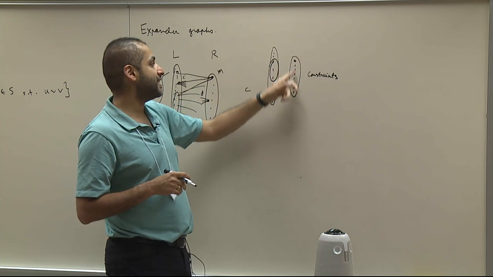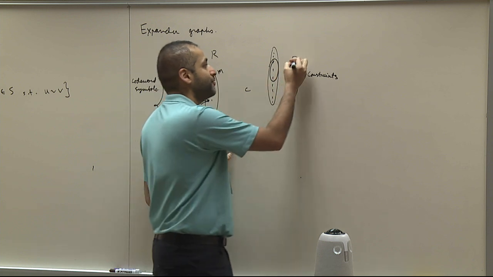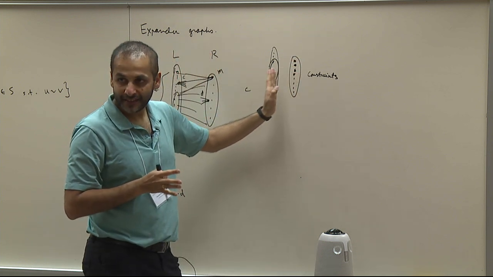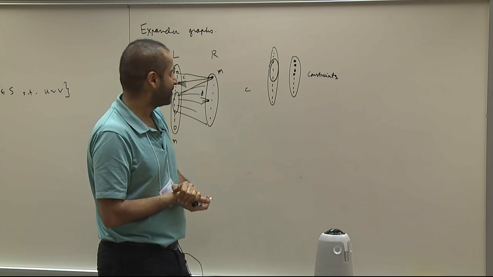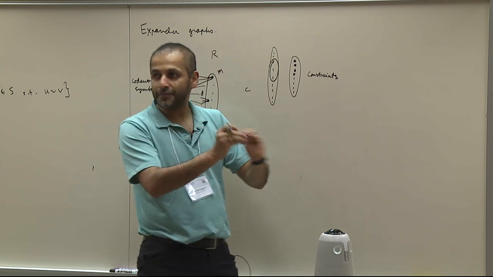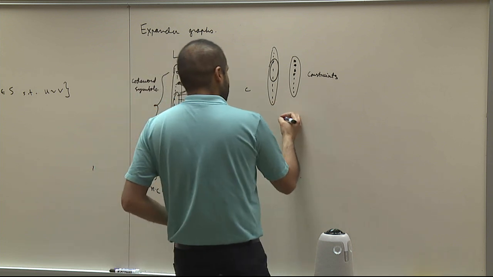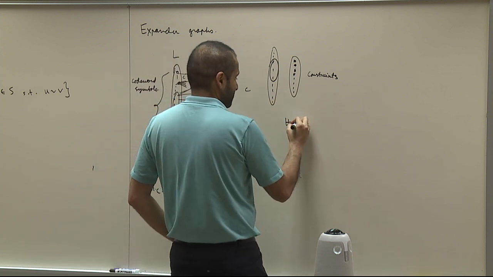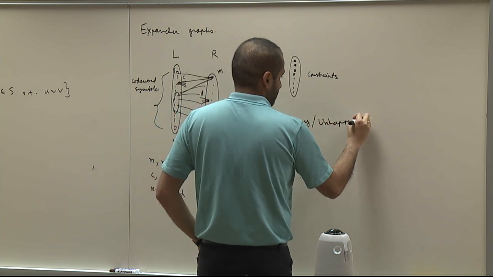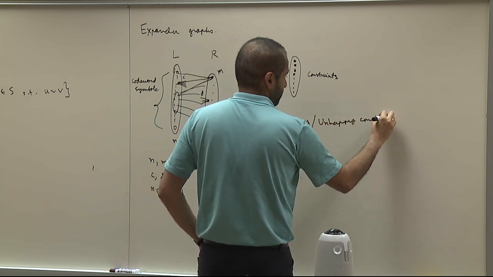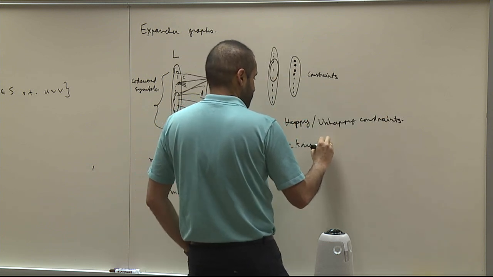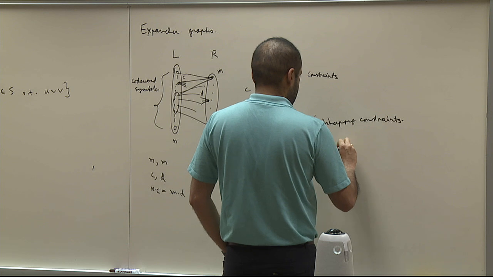So we have a whole bunch of happy and unhappy constraints. They all have opinions about the current state of the world. So our goal is to try to make as many constraints happy as possible.